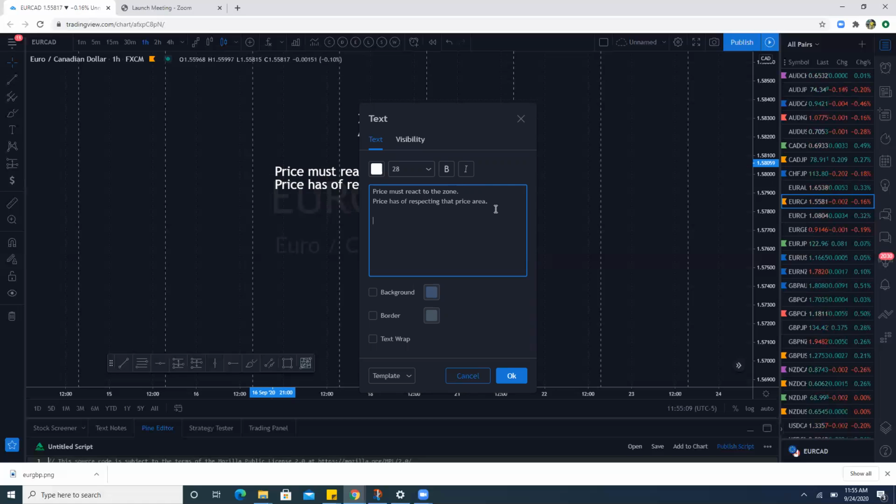So when you're looking at zones, the more a price respects it, the stronger. And every zone gets broken, but when a good zone is broken, it takes a strong candle to break it.